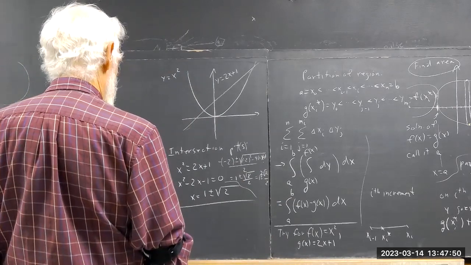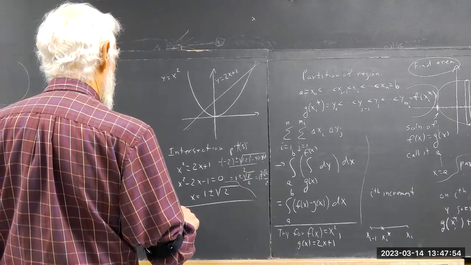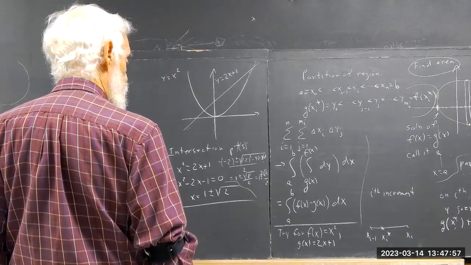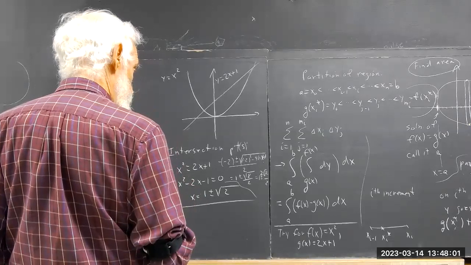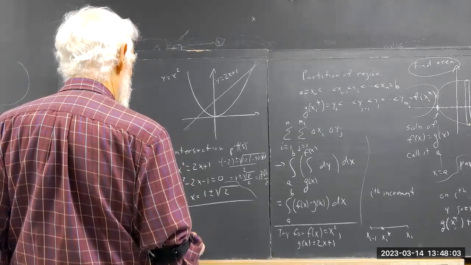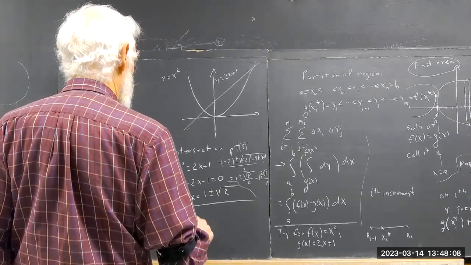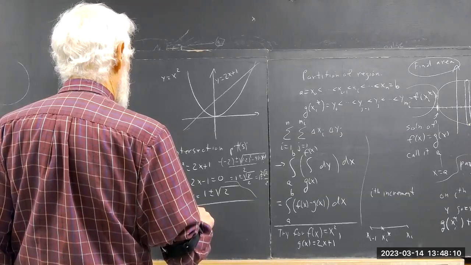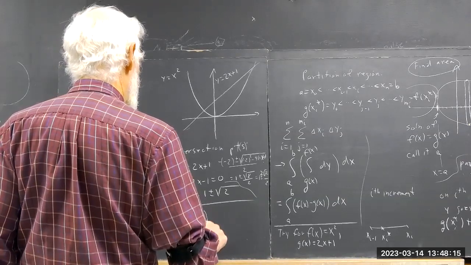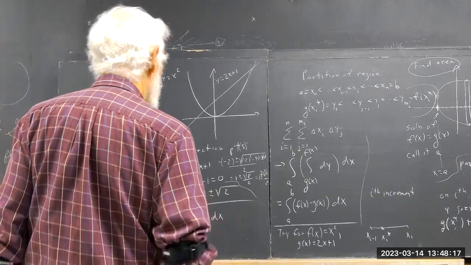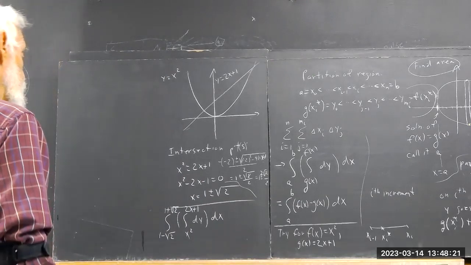So now we have the interval from 1 minus the square root of 2 to 1 plus the square root of 2 of the integral from x squared, because it's lower, to 2x plus 1, dy dx. And that becomes very straightforward.